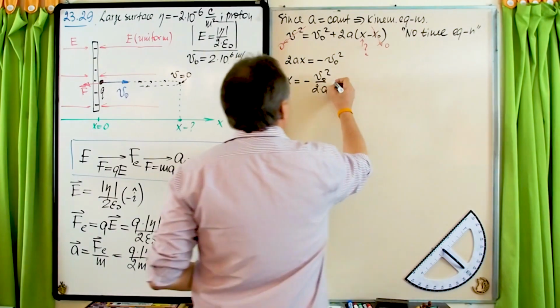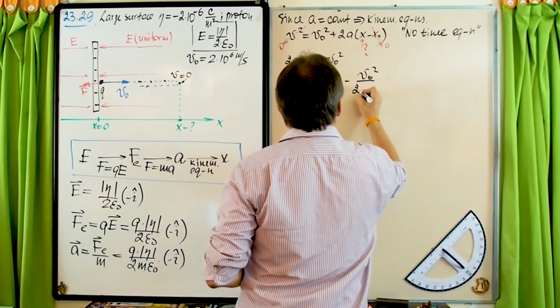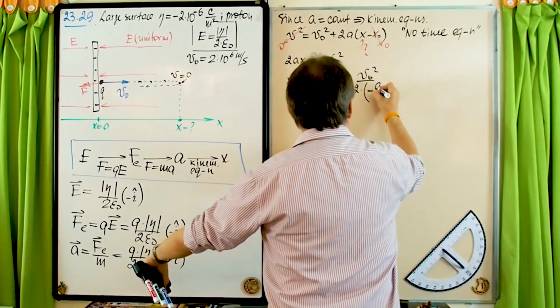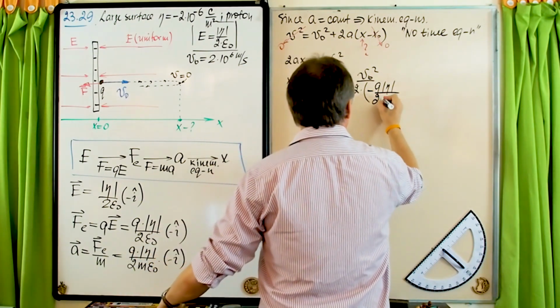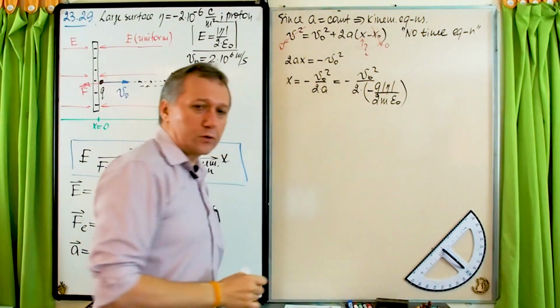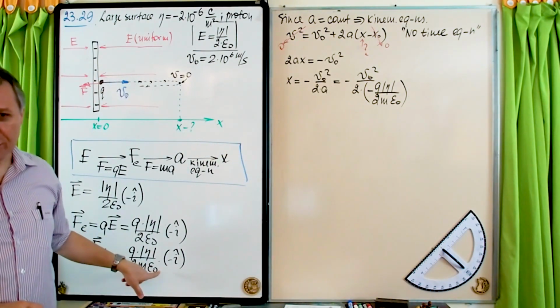Of course. All right, so it will be minus v naught squared divided by 2, and let me rewrite it with minus, of course, q eta divided by 2m epsilon naught. Now I dropped the unit vector sign because I needed it only to get that minus.